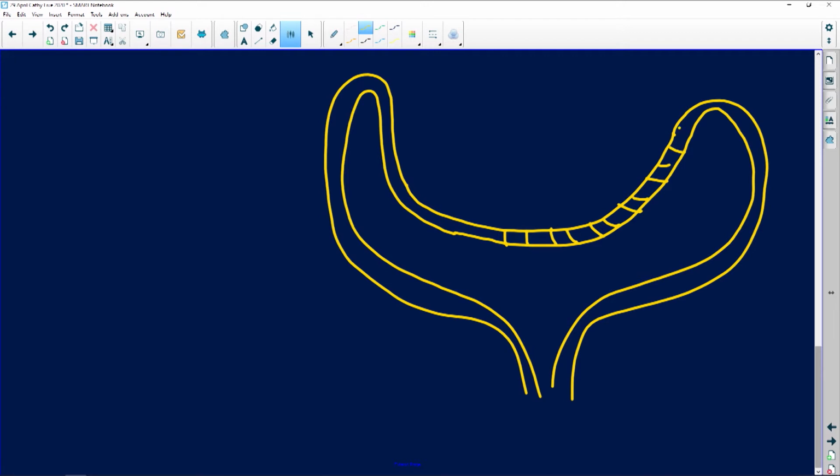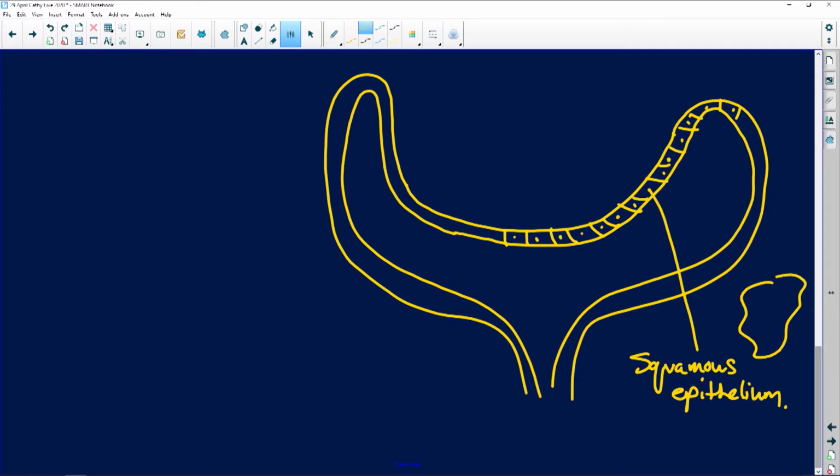And those cells are the same cells that you have in your mouth. Okay? Can you remember from grade 10 what cells line your mouth? They are called squamous epithelium. Okay, squamous because they're actually squashed. They actually look like this.